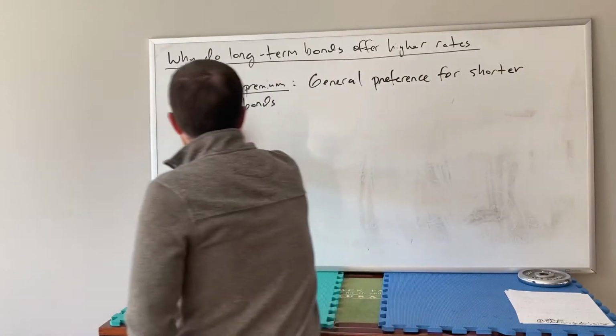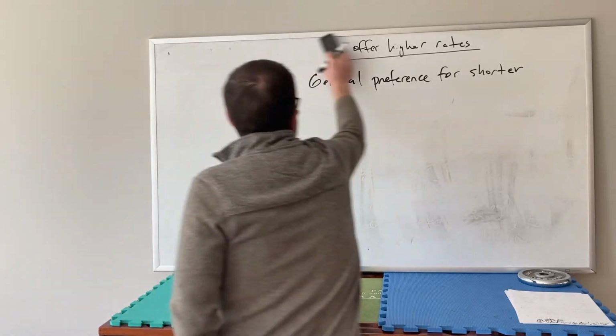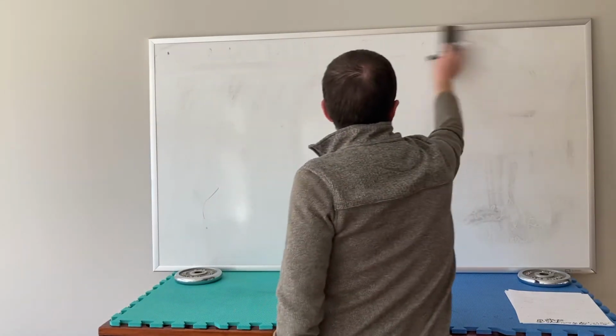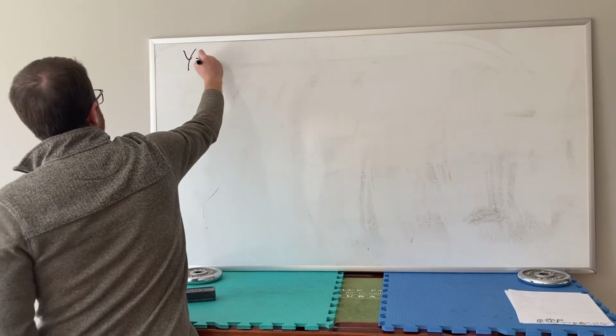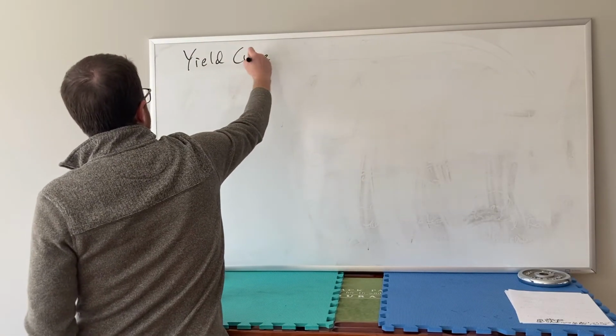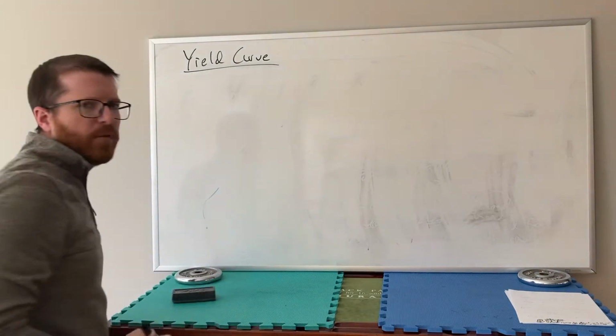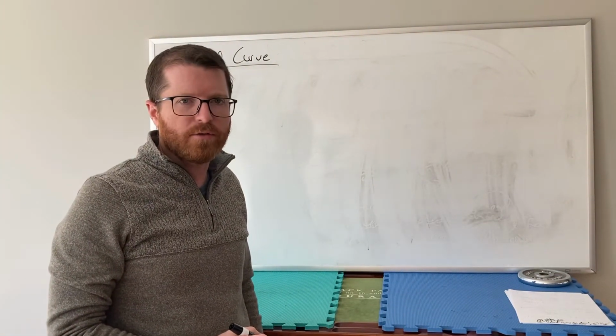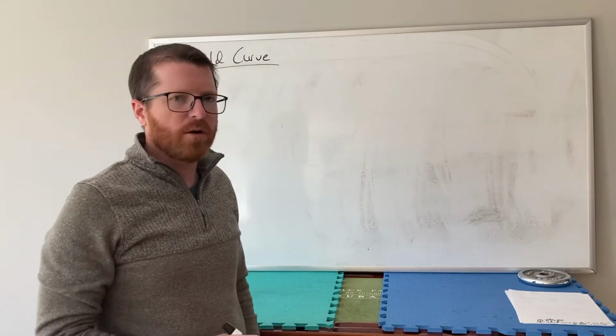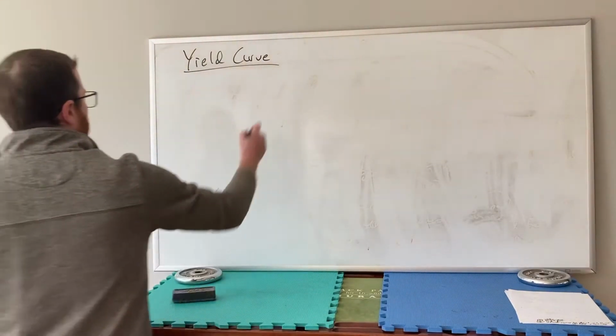So from that, we can now introduce a concept, a nice, simple little graph called a yield curve. Last time I taught this class, we had an inverted yield curve, and everybody gets all up in arms about inverted yield curves, okay? So we need to understand how this works. A yield curve, very simple graph.